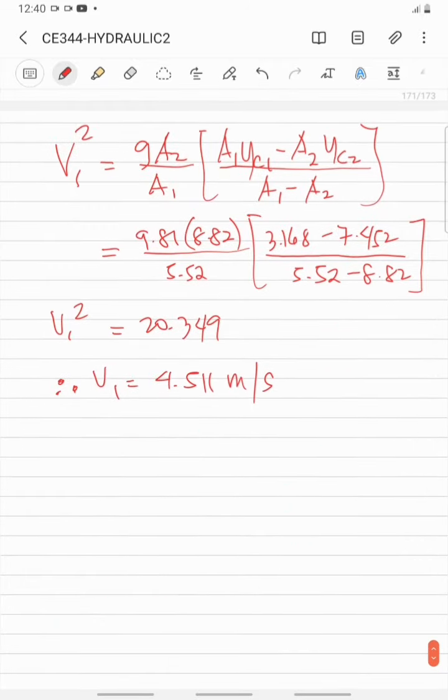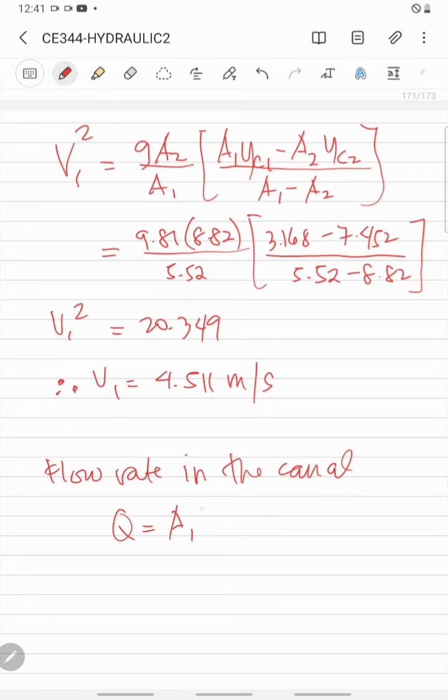And since the flow rate is constant all throughout your channel, we can determine the flow rate in the canal, which is equal to area 1 times V1.